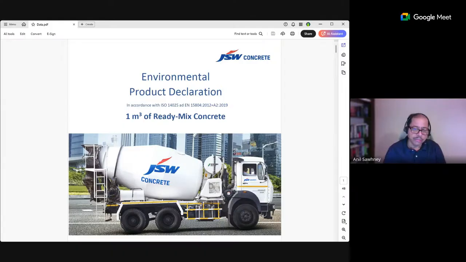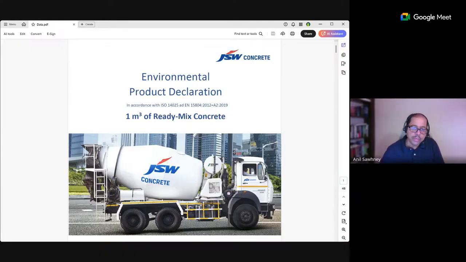PDFs are very flat. If somebody has to read it, even though you can use AI tools these days to automate the reading of an EPD, there are better formats called OpenEPD and others that can get you this information digitally.